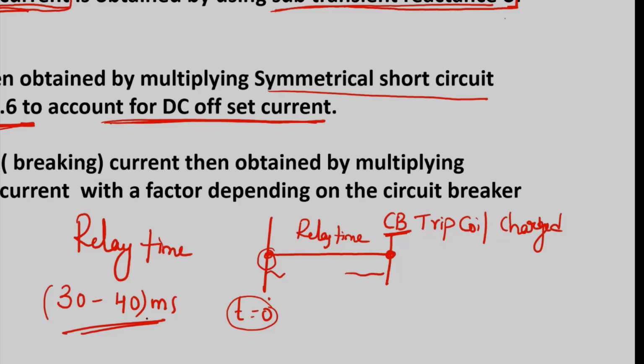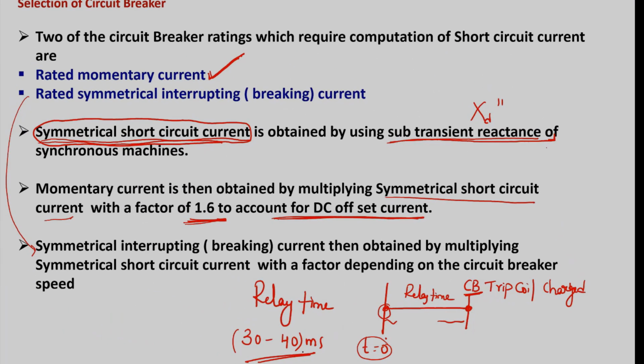Okay. Within this 30 to 40 milliseconds, the DC offset currents are reduced. They are not at the peak value; they are reduced to some lower value. So depending upon the speed at which the circuit breaker is operated, your multiplication factor changes. Understand?